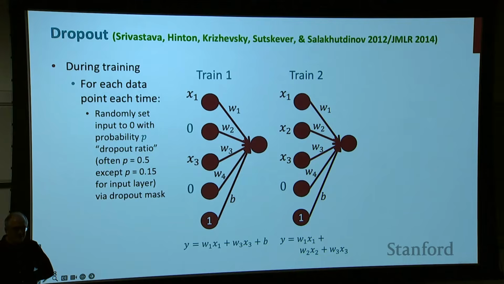And the effect of this is that you're training the model so that it has to be robust and work well and make as much use of every input as it can. It can't decide that it can be extremely reliant on component 17 of the vector, because sometimes it's just going to randomly disappear. So if there are other features that you could use instead that would let you work out what to do next, you should also know how to make use of those features.